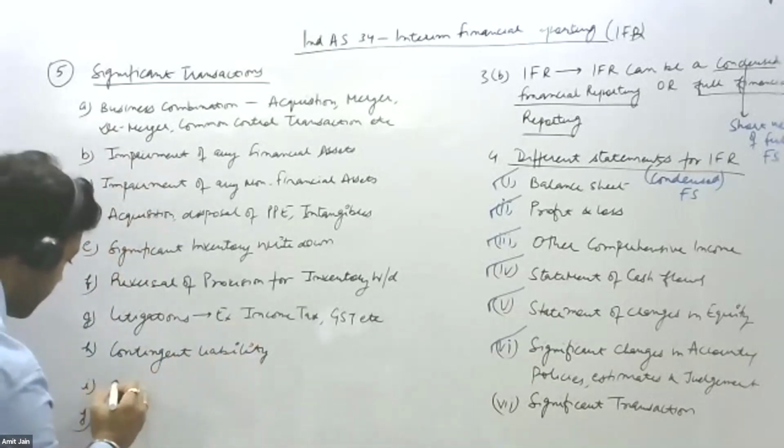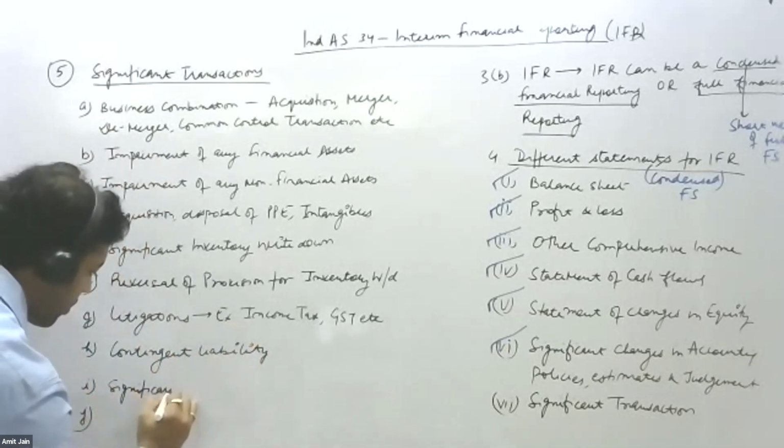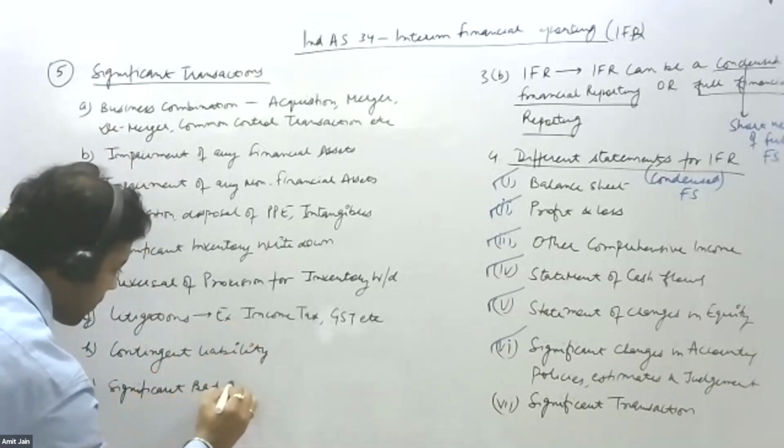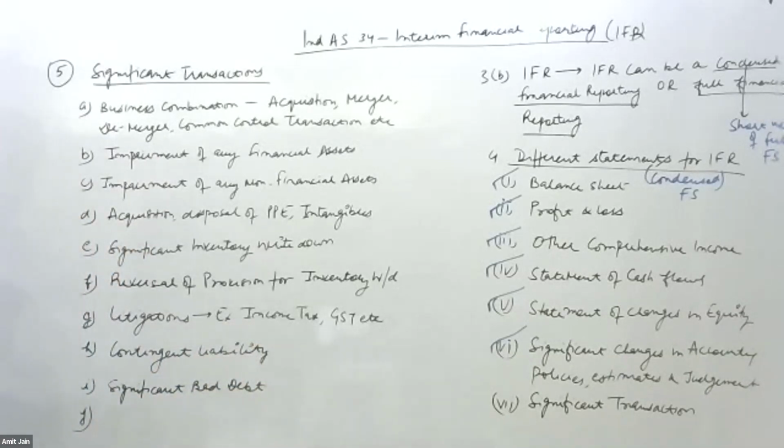Significant bad debt, right? What else? Business combination, impairment of any financial asset, impairment of any non-financial asset, PPEs, inventory write down, provision for inventory, litigation, contingent liability. What else?